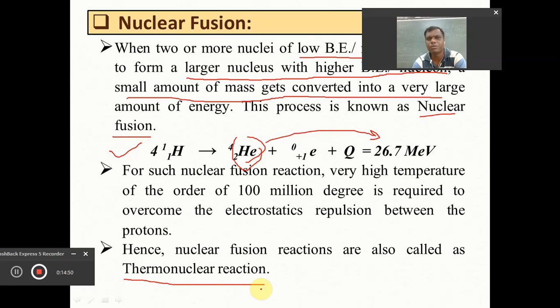And the second is nuclear fusion, in which two or more nuclei with low binding energy per nucleon combine to form a larger nucleus having a higher value of binding energy per nucleon, with the liberation of a large amount of energy, or the conversion of a small amount of mass into a larger amount of energy. That's why this process is called nuclear fusion. And definitely it requires a very large temperature, and that's why these reactions are also called thermonuclear reactions.